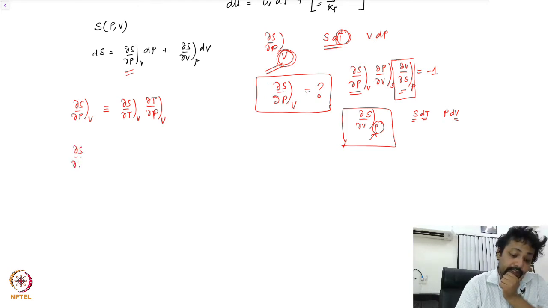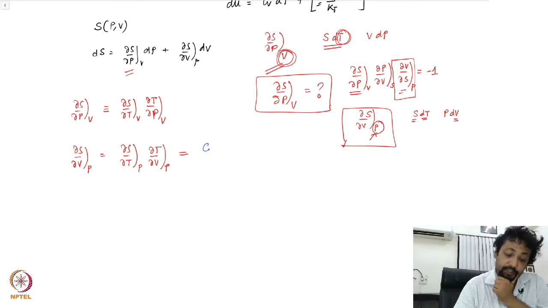Similarly, del S del V pressure constant is actually del S del T pressure constant, del T del V pressure constant. Correct? This part is straightforward. Del S del T pressure constant is just Cp over T. Del T del V is 1 over del V del T pressure constant, which is Cp over T alpha P, one of the response functions.